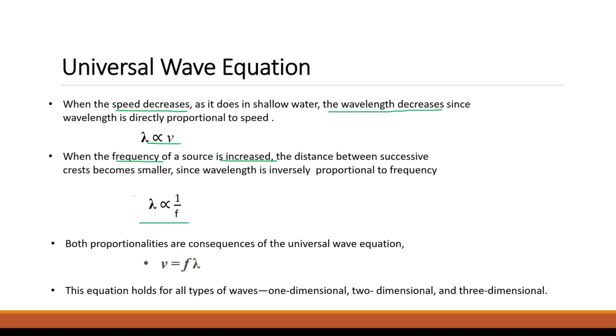So we have lambda, wavelength, is inversely proportional to f, frequency. Both proportionalities are consequences of this universal wave equation: v equals f lambda, where speed is v, frequency is f, and lambda is wavelength. This equation holds for all types of waves, 1-dimensional, 2-dimensional, and 3-dimensional. So that's why it's called the universal wave equation.